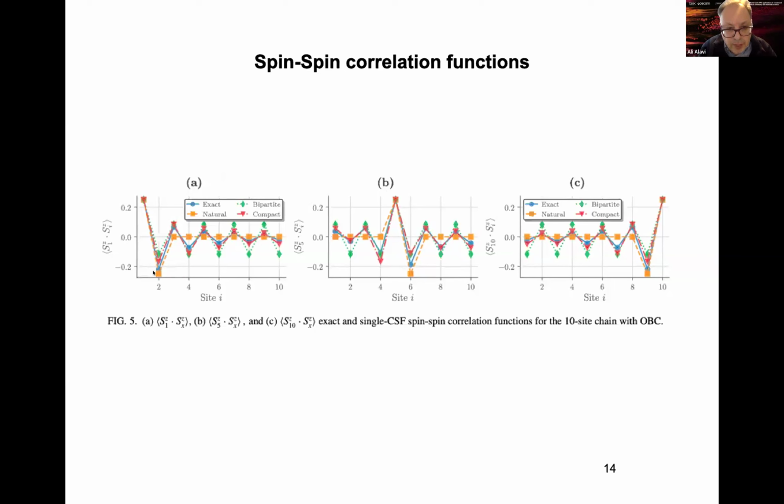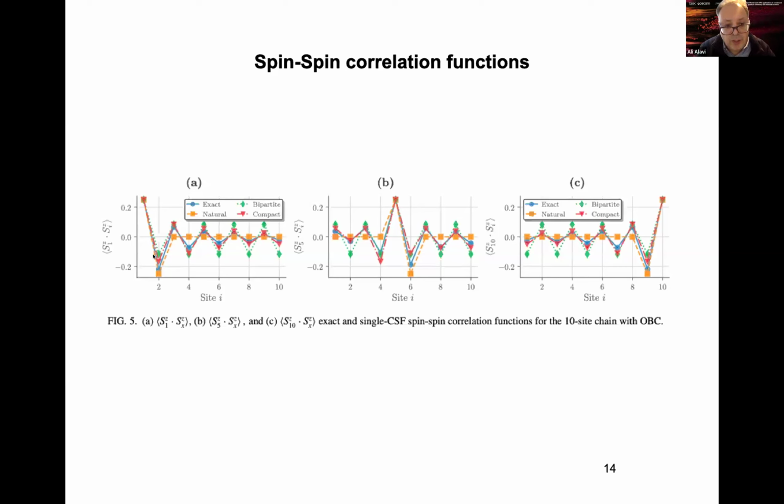where the exact spin-spin correlation function is shown in blue. So what that means is that we fix the spin on one of the sites and look how the other spins correlate with respect to it.